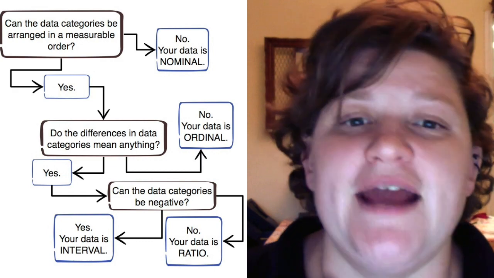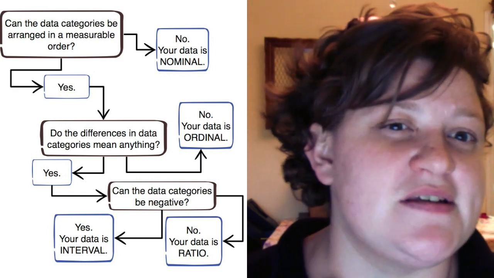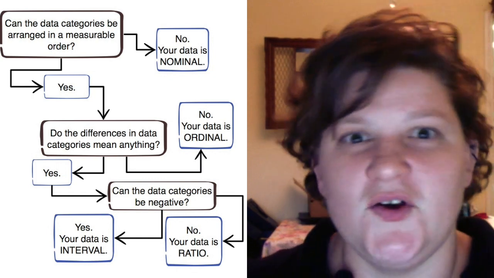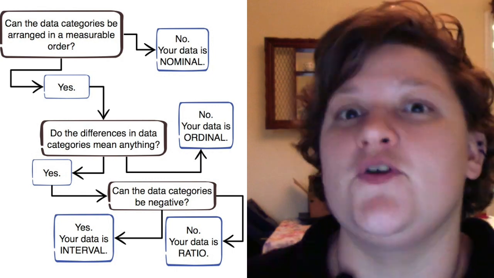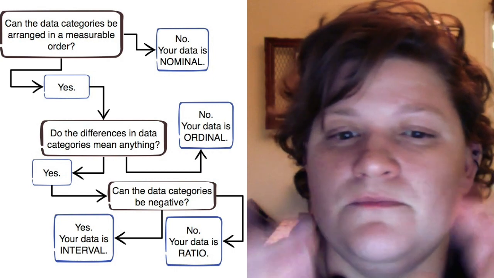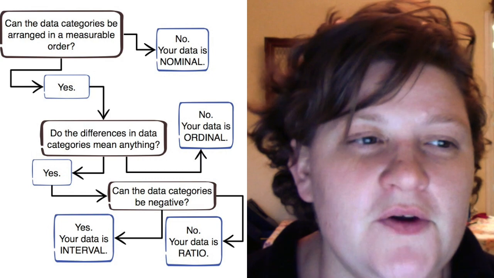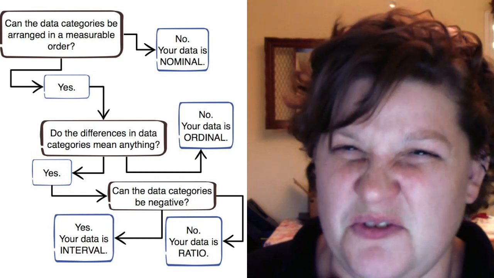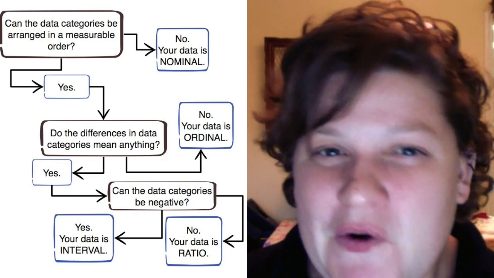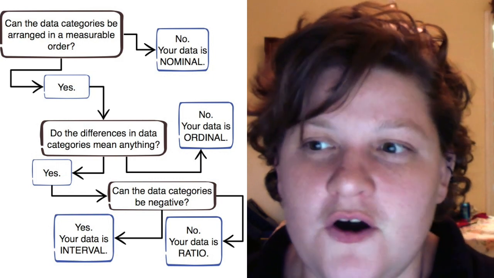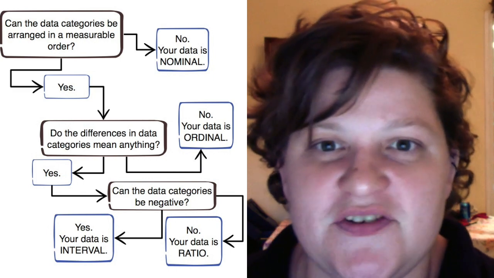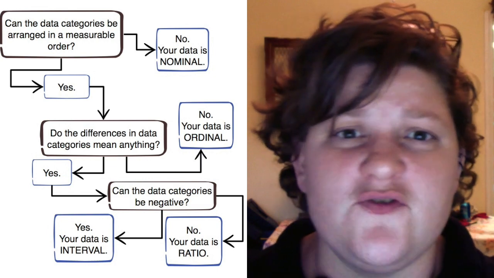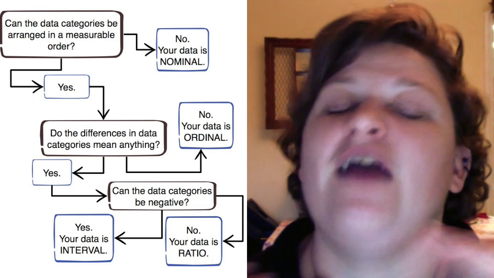Now, if, on the other hand, you were asking people where they prefer to sit, you've got the front, the back, the middle, the third car, the fourth car. You can't really measure that and say everybody who likes to sit in the front is better than everybody who sits in the back, because if you tell that to someone, they're going to get really frustrated. You can put them in an order, but you can't say that every single ride is going to have the same exact amount of seats, because it doesn't work that way, not as a universal concept for every single ride.